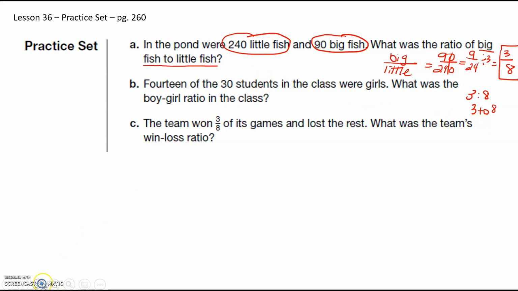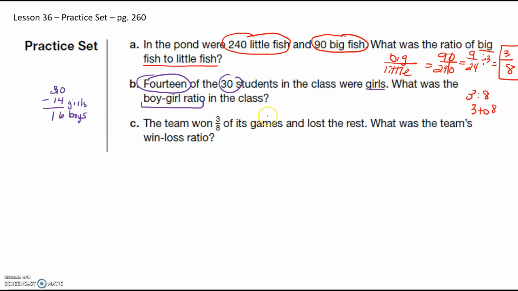All right, let me change colors. And 14 of the 30 students in the class were girls. What was the boy-girl ratio? This requires an extra step. So if I have 30 total students and I have 14 girls, that means I have 16 boys.